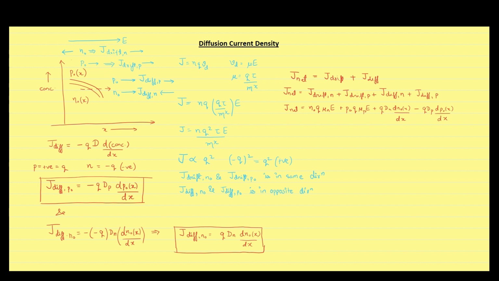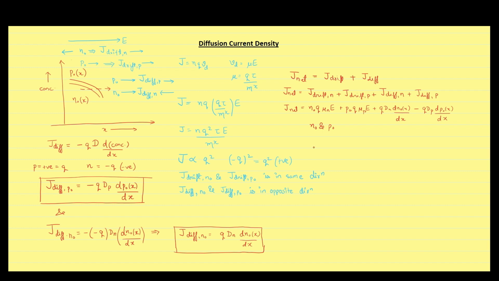Now if you see carefully, then there is a minor mistake in this equation. The thing is, in the last lecture, we assumed that the free electron and hole concentration in the semiconductor is constant with distance x. Therefore, we denoted the free electron and hole concentration by N0 and P0 only. But if we assume that the concentration is constant, then the gradient will come out to be 0.